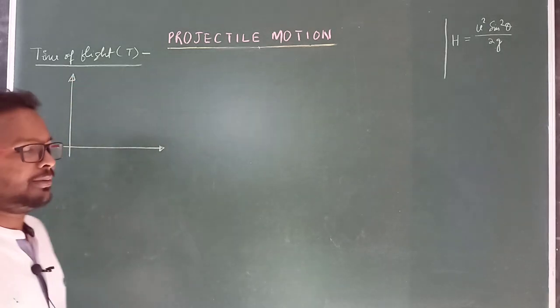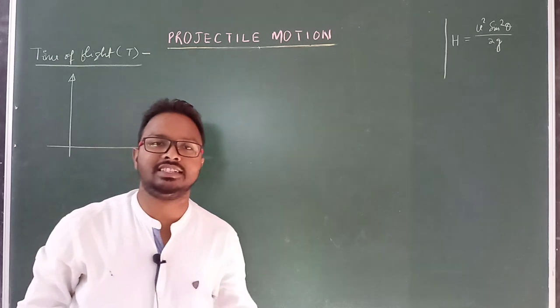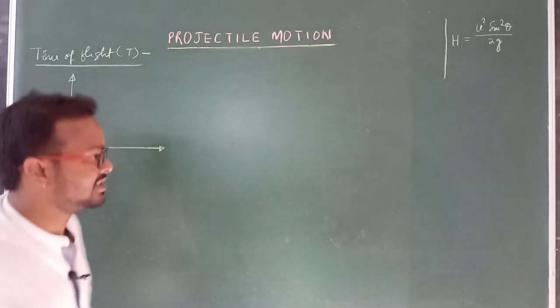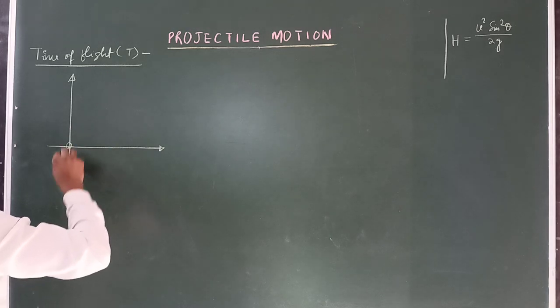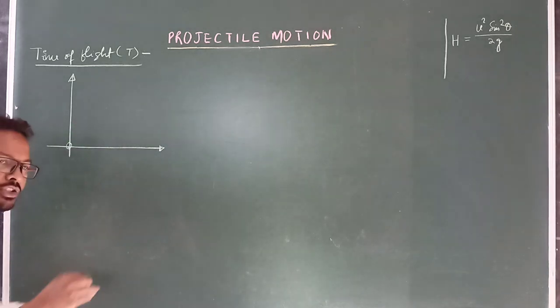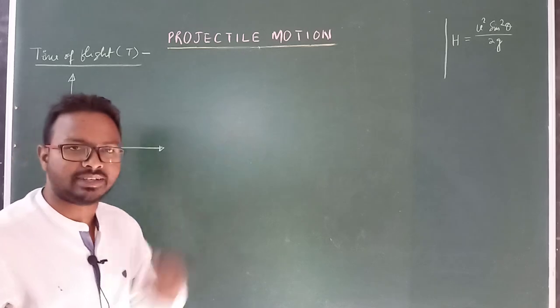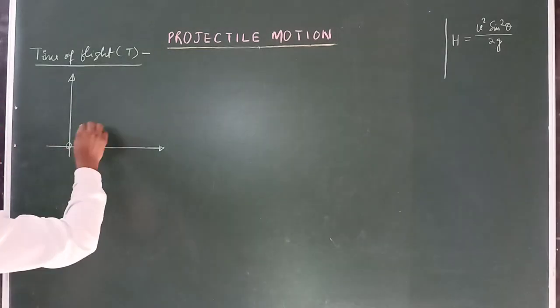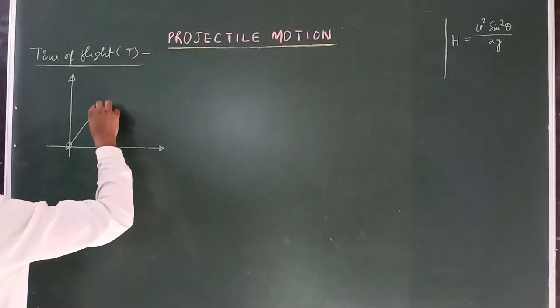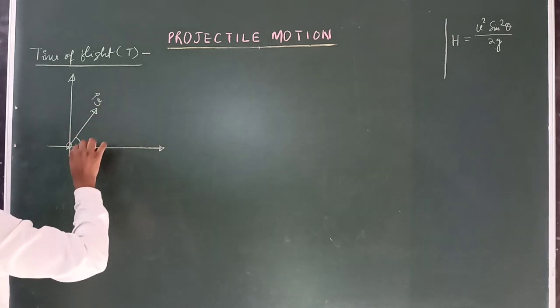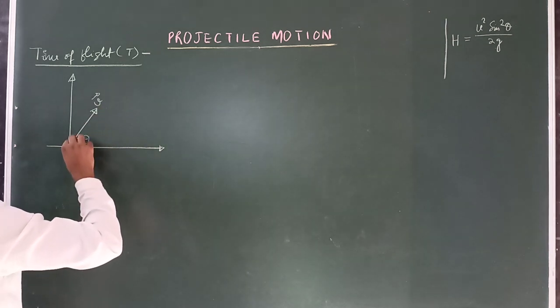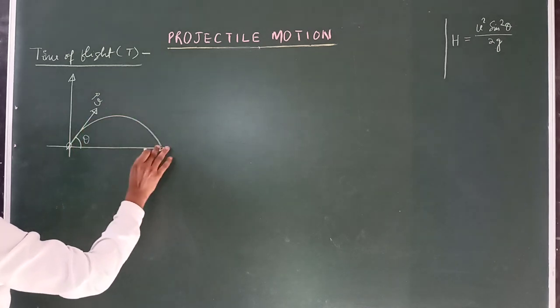It is the combination of both one-dimensional motion along the x-axis and one-dimensional motion along the y-axis. So suppose we project a projectile into space with a certain initial velocity u, at an angle theta, it describes a parabolic path like this.